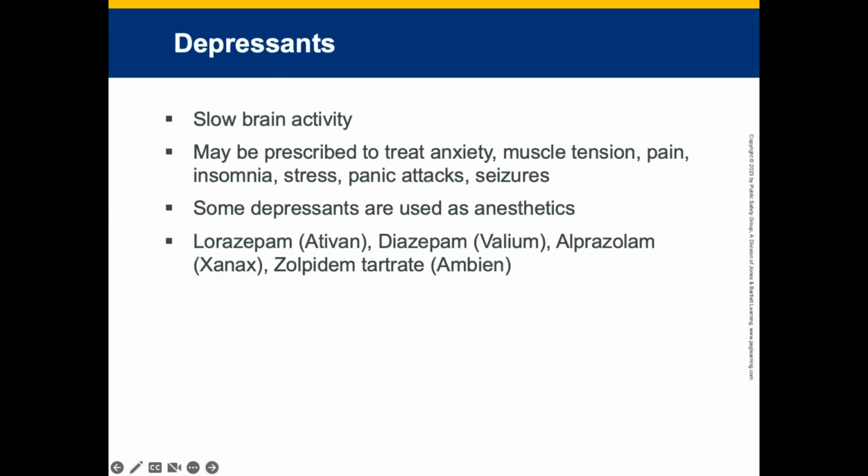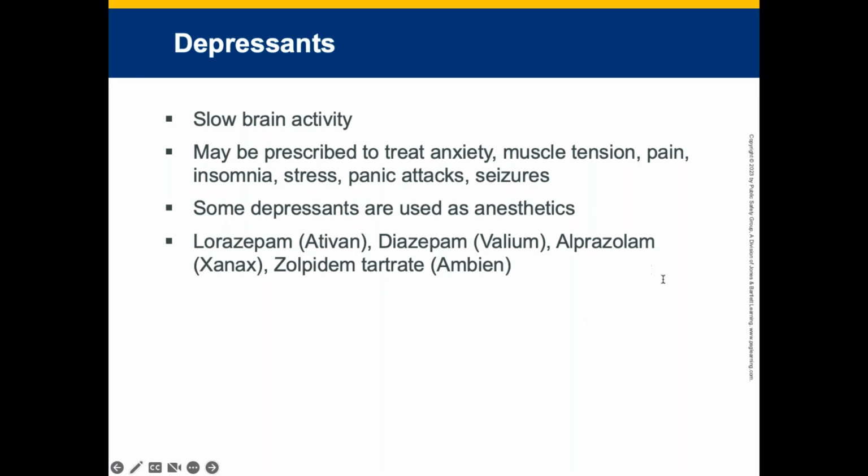All right. Depressants slow brain activity. They may be prescribed to treat anxiety, muscle tension, pain, insomnia, stress, panic attacks, and seizures. And some are used as anesthetics, like lorazepam, which is Ativan, diazepam, Valium, alprazolam, which is Xanax, or zolpidem tartrate, which is Ambien.